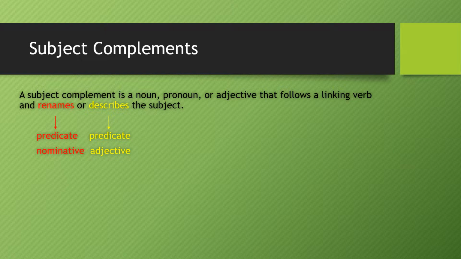Let's look at an example to see how this works. Joshua is the captain of the Lord's army. Joshua is the subject, is the linking verb, and captain is the word that complements the subject.